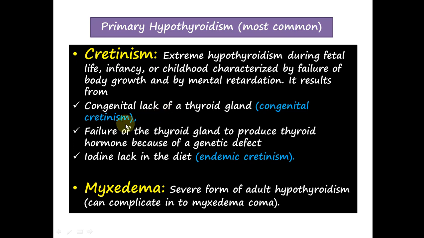Sometimes the thyroid gland develops normally, but there is some genetic defect in an enzyme or hormone, for example, the thyroid peroxidase enzyme, which causes oxidation of the iodide into elemental iodine, or sometimes there may be a defect in deiodinases.